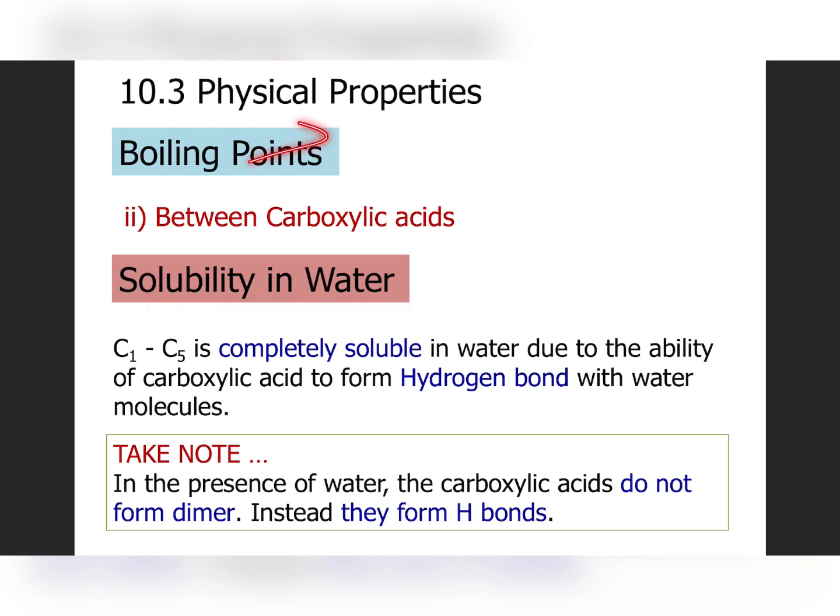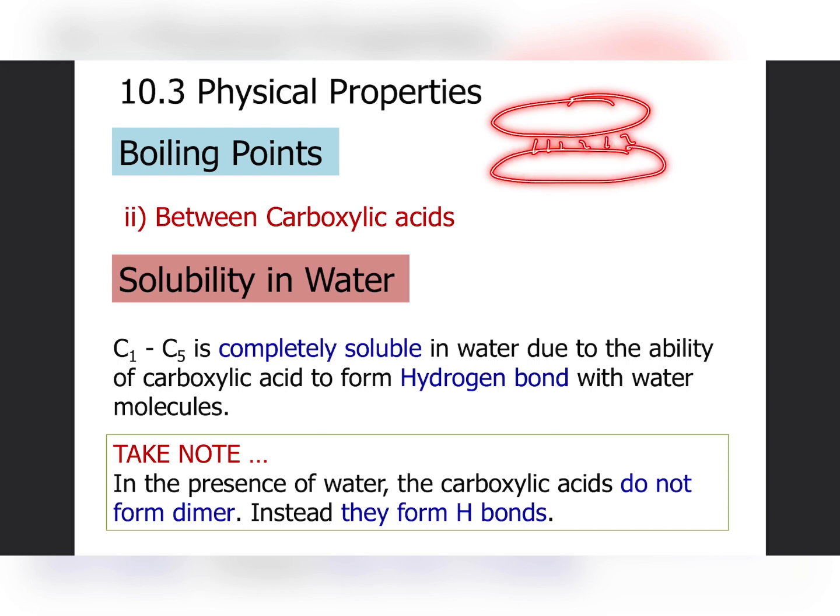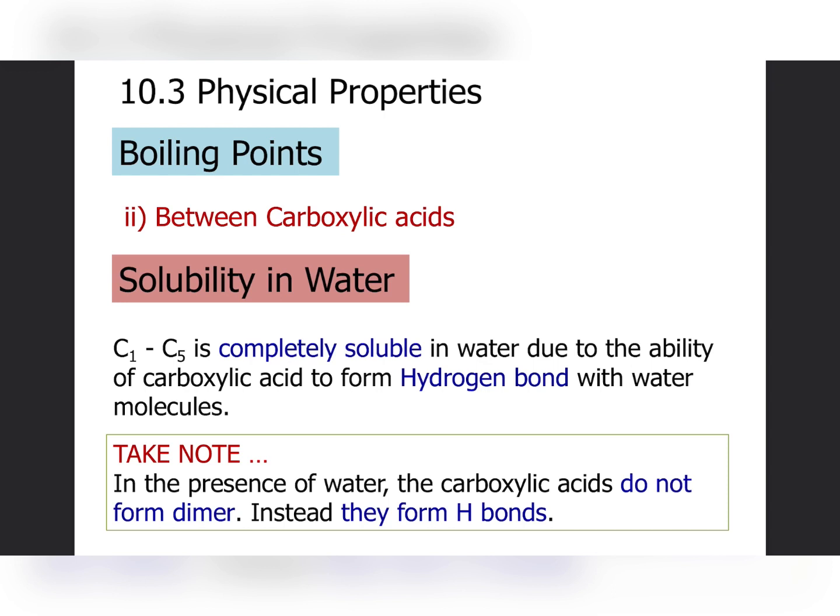Okay, so kalau boiling point tadi, kita akan tengok between molecules. So kalau carboxylic acid, between one carboxylic acid dengan another carboxylic acid lah. Okay, so kalau solubility of carboxylic acid in water, kita akan tengok bilangan carbon dia. Okay, so macam sebelum-sebelum ni, kalau carbon 1 ke carbon 5, it is completely soluble in water. Why?